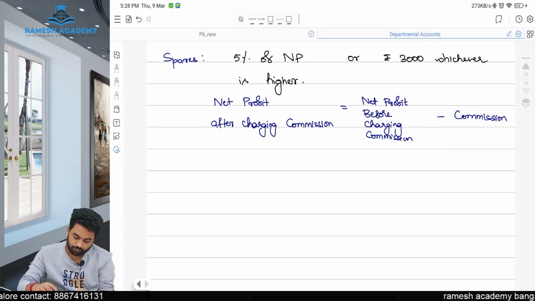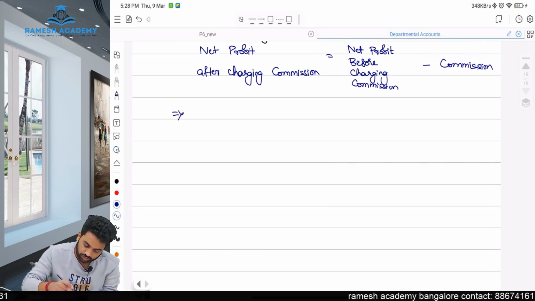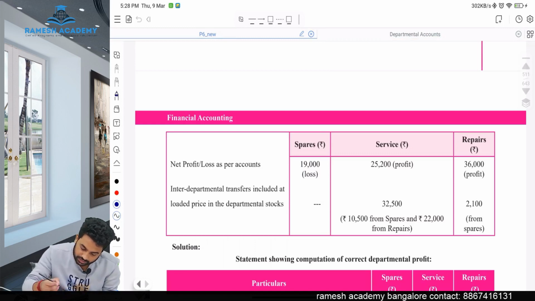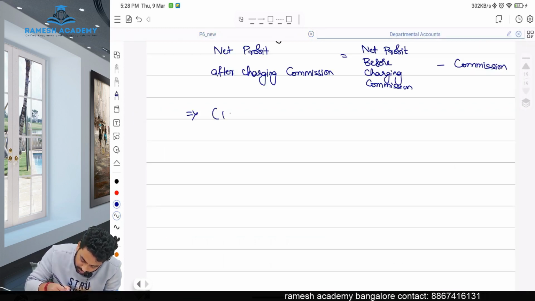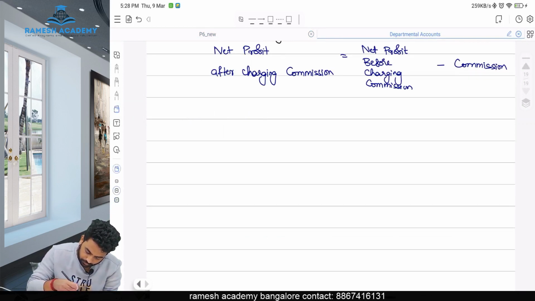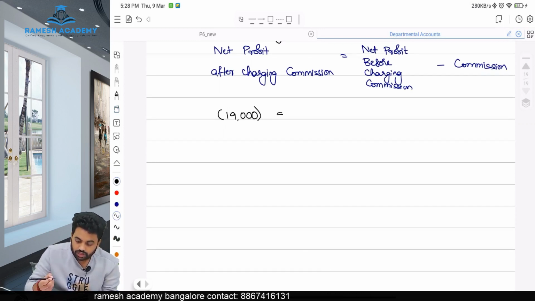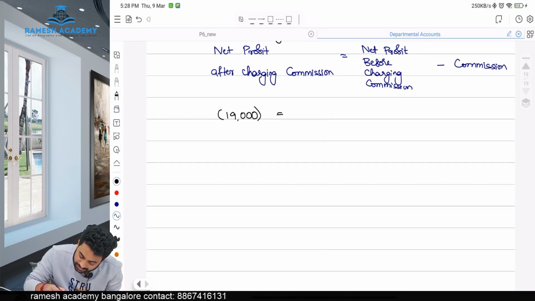Do we know how much is the net profit after charging commission? Yes sir, of course we know. Negative 19,000. So negative 19,000 is equal to net profit before charging commission, which we don't know. Let's take it as X.